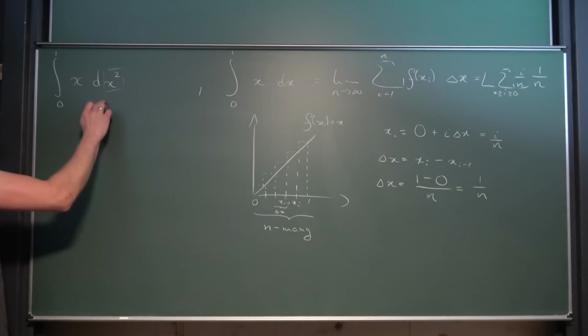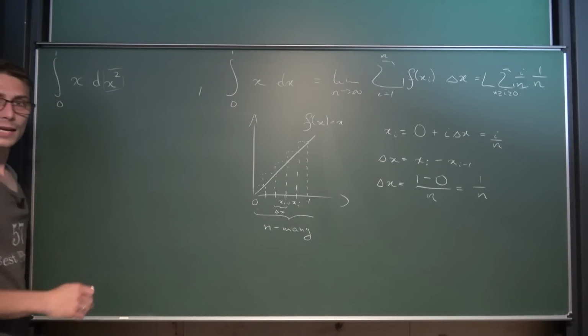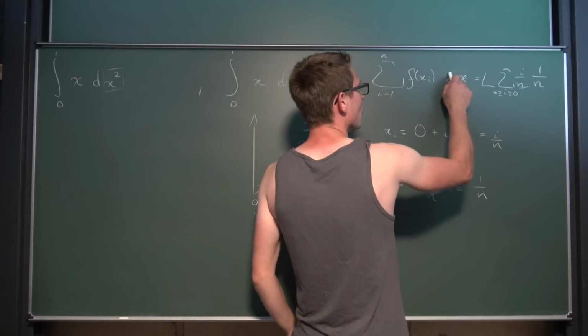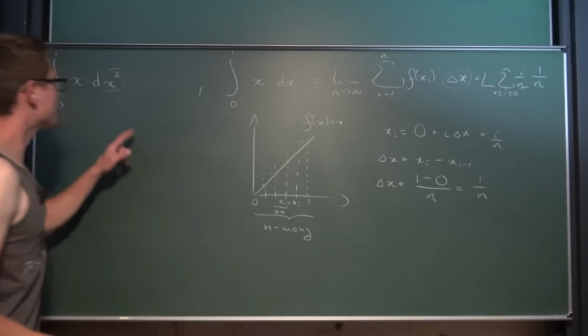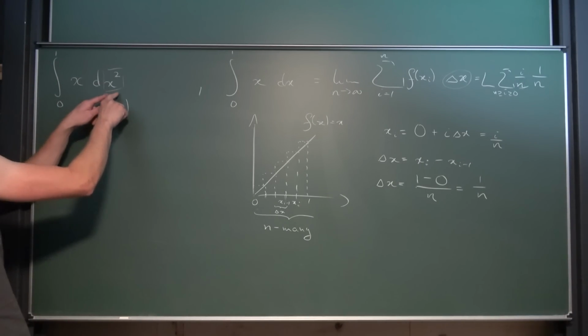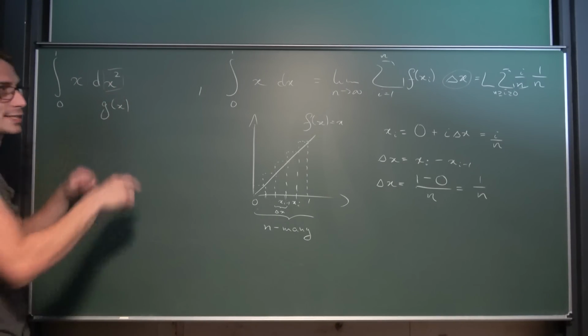Okay, this right here is the regular Riemann integral, but now something is going to change for our Riemann-Stieltjes integral. Remember where we want to get. Namely, for the Riemann-Stieltjes integral, our differential 1 form, our infinitesimal, is dependent on some function g of x, where our g of x is x squared in our example here.